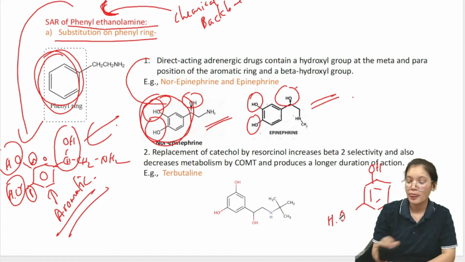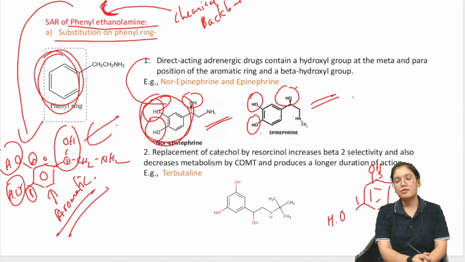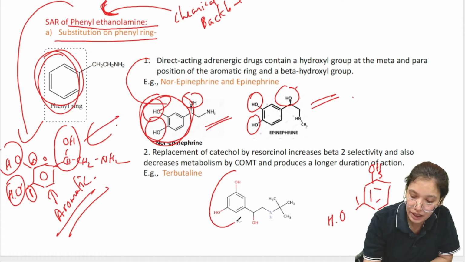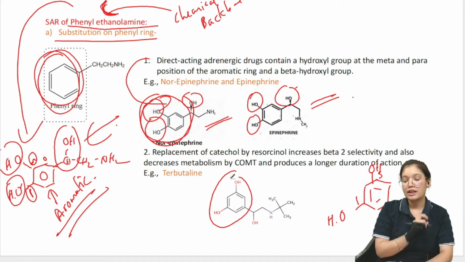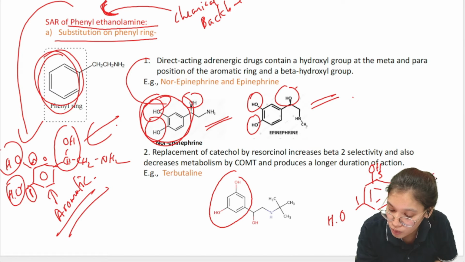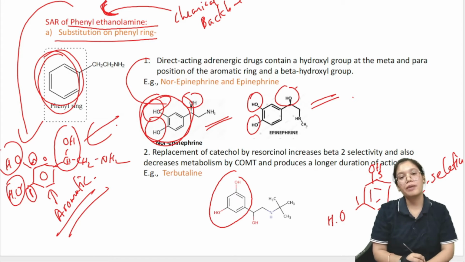Here we have the OH groups at the 1 and 3 positions. If we substitute the catechol ring with resorcinol, it results in an increase in beta 2 selectivity. And it also decreases the metabolism by COMT.